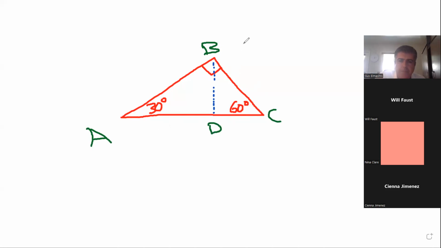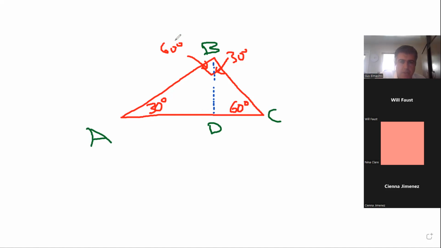And of course, this would be 30 degrees right here, and that'd be 60 degrees right there. Because ABC is 90, and if angle C is 60 and angle A is 30, then angles CBD and ABD have to be 30 and 60 respectively. And of course, you have right angles here and here.